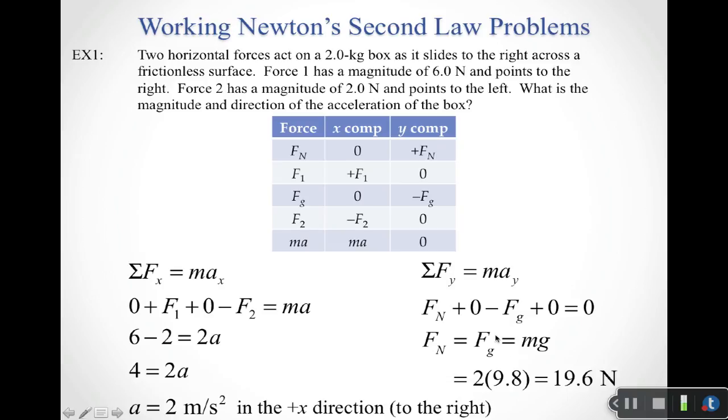The normal equals the weight, and here's where I'm going to plug in for the magnitude of this force. I know values to plug in for the magnitude of these two forces, and I know an equation for the magnitude of this one. It's just mass times gravitational acceleration. So I can solve for the normal. It's just 2 times 9.8, which is 19.6 newtons.